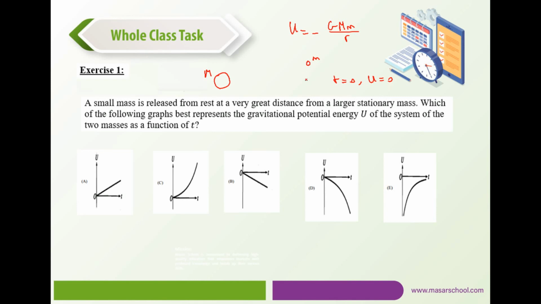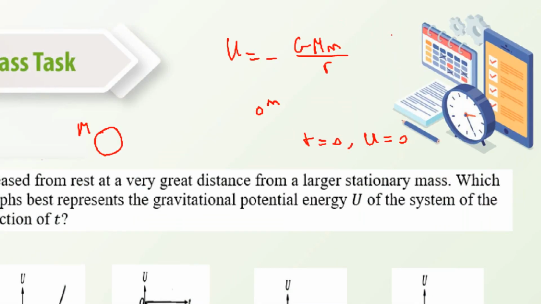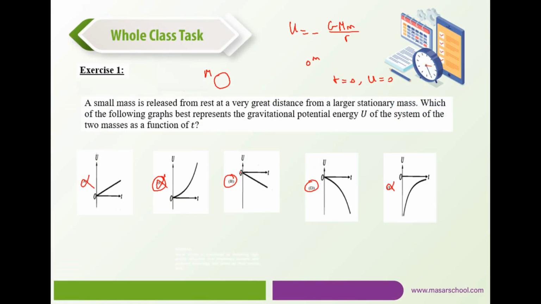So if we are starting from 0 potential energy, we can directly eliminate the choice C. Now U is negative, which means that we are limited either to B or to D. We can also eliminate C because C is positive. We know that it is not linear, it is 1 over r, so it will have the following plot. So we can eliminate this, then D will be the correct answer.